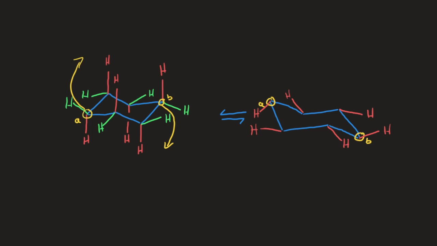And all my green hydrogens are going to be axial. Notice still that if my two carbon-carbon bonds are pointing down, my green axial hydrogen now is also going down. And the equatorial hydrogen is going slightly up if the axial hydrogen is going down.